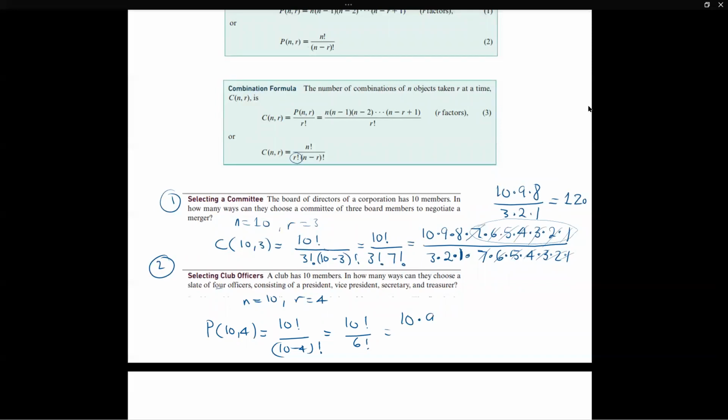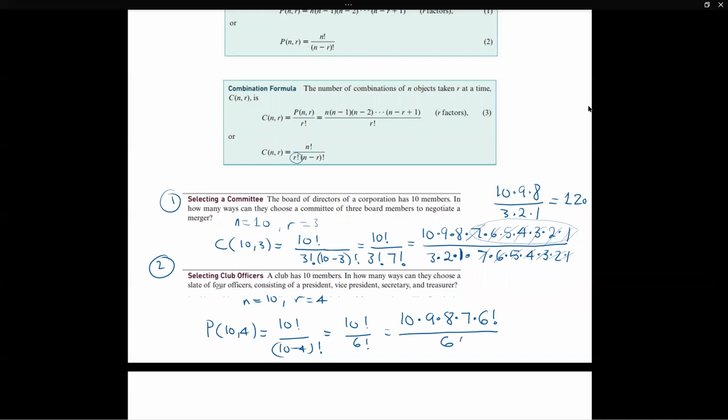So 10, 9, 8, 7, and then after 7 it's 6, 5, 4, 3, which is 6 factorial.